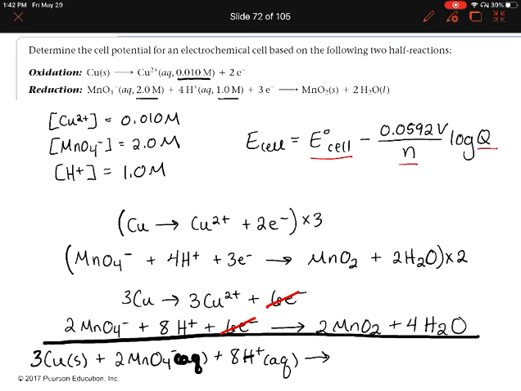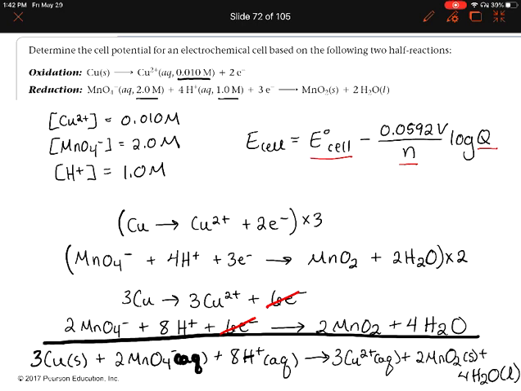And then on the right-hand side, we have 3 copper ions, which will be aqueous, 2 manganese dioxide molecules, which will be a solid, and 4 water molecules, which will be a liquid. Ooh, that's a long equation. I barely fit that on the screen there.